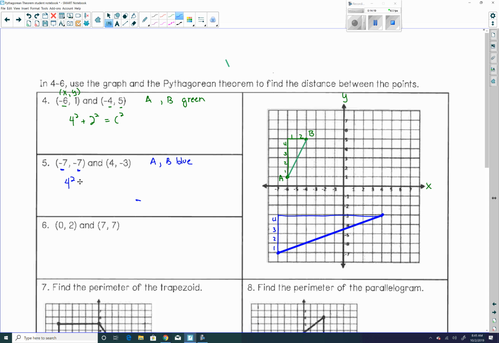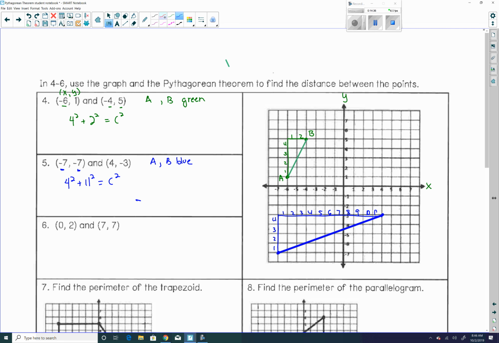So 4 squared plus okay. Hopefully yours looks something like mine.